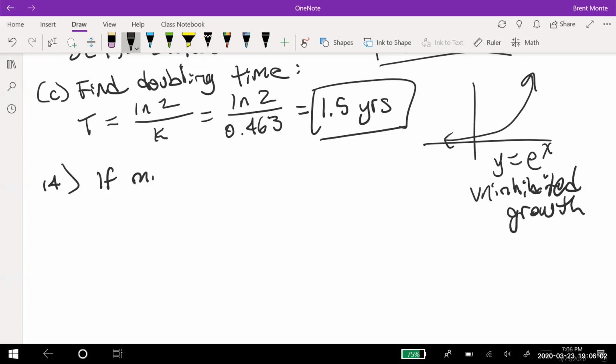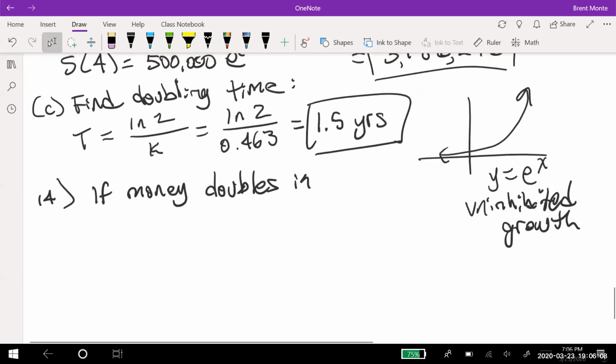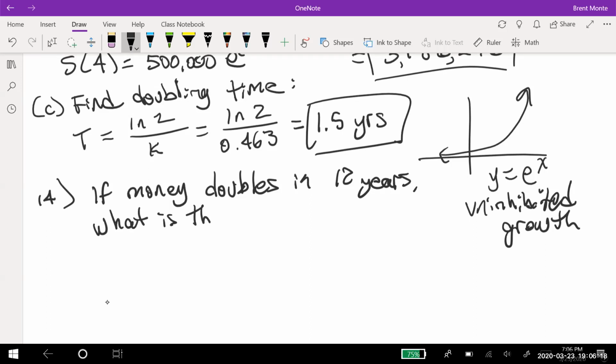If money doubles in 12 years, what is the interest rate?